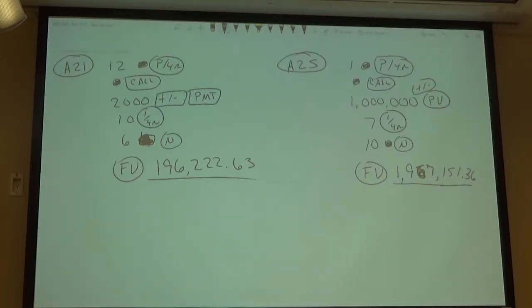But if I had to hold it from 1960 until now, which is what, 57 years? Let's do the math. This is where the practical application begins to come into play.